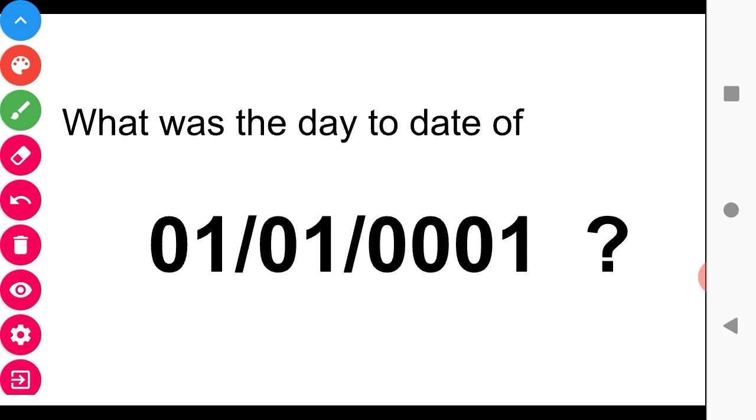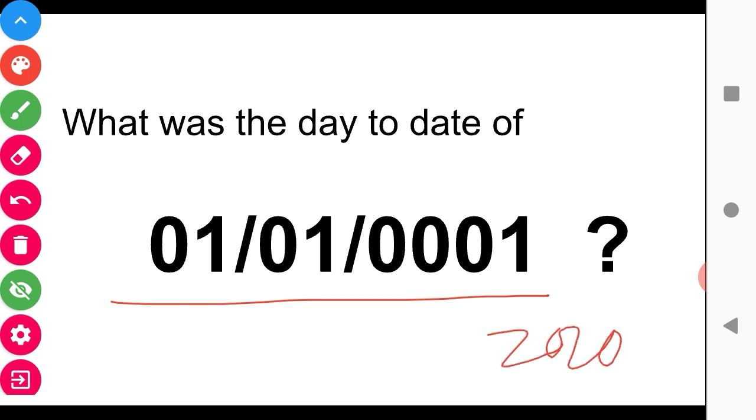Before that I will ask a question. What is the day of the date 01/01/01? That means presently we are in 2020, and 2019 is back. If you use the calendar from the start, the first year, first month, first date, what is the day of this date?